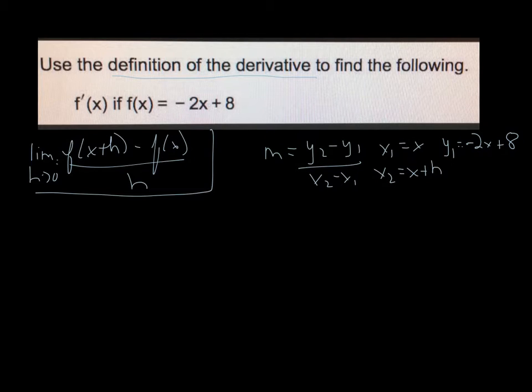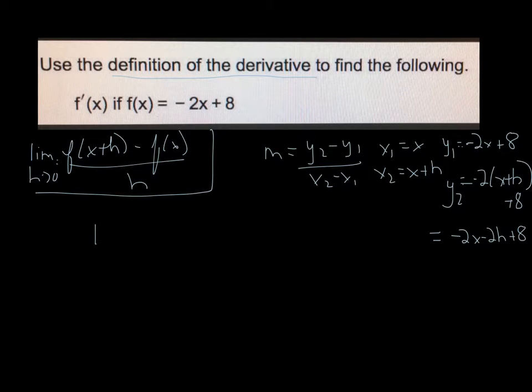That's the equation. And y2, I don't know if I can squeeze it in here, is going to be minus 2 times x plus h, because we have to put x2 in there, plus 8. So if we rearrange that a little bit, we get negative 2x minus 2h plus 8.